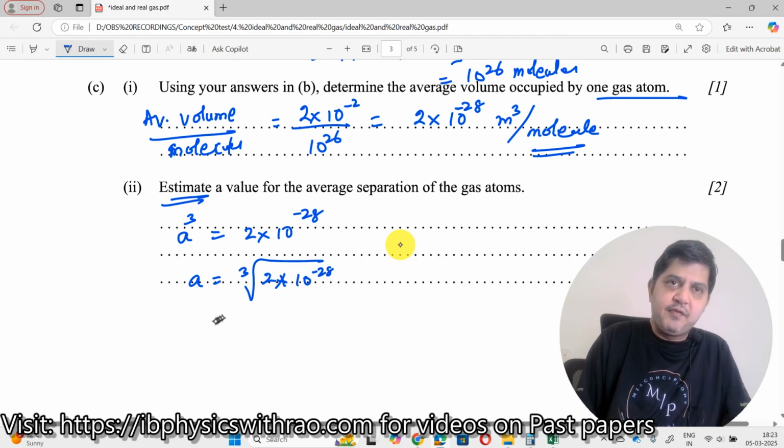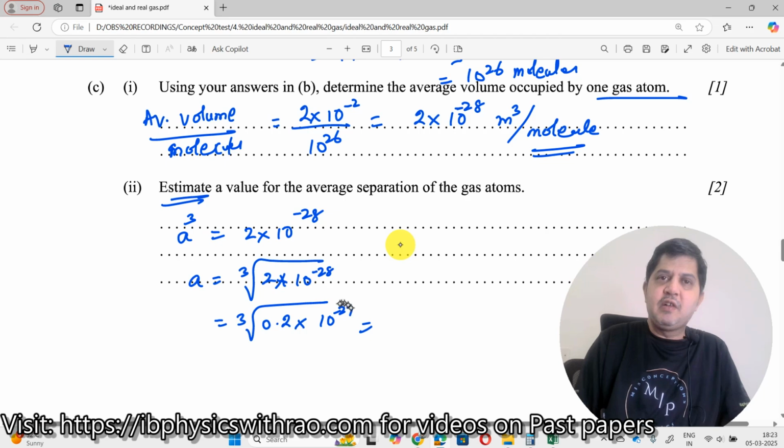For the sake of convenience, I will write this as the cube root of 0.2 into 10 to the power minus 27. Now we know the cube root of 10 to the power minus 27 will be 10 to the power minus 9. So I will write this as 10 to the power minus 9 multiplied by 0.2 whole to the power of 1 by 3.